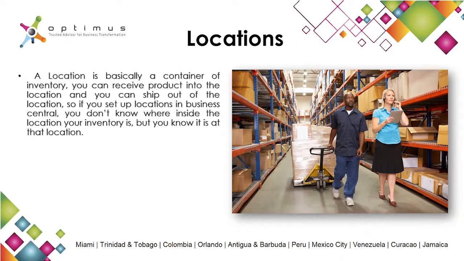So the first thing to understand is a location. Well, it's a container of inventory. You can receive product into the location, you can ship. So a location is a warehouse, a physical location, or could be as well a truck.